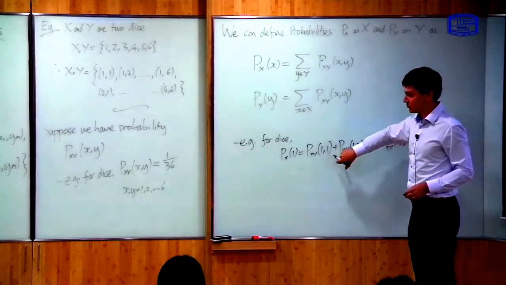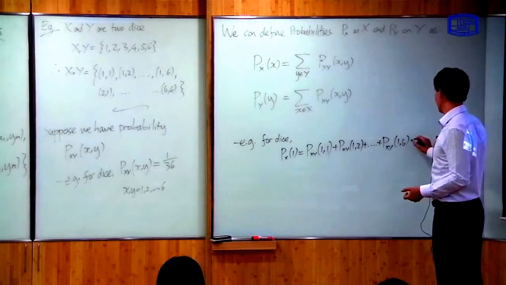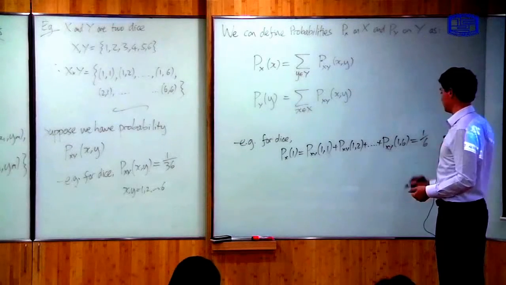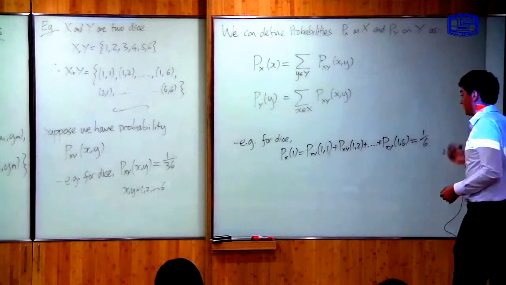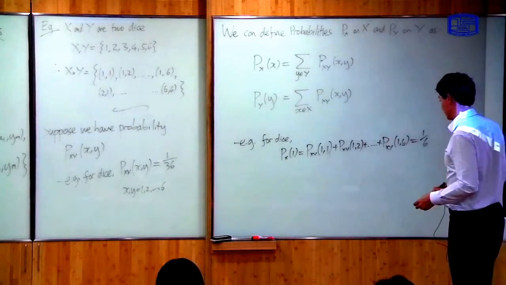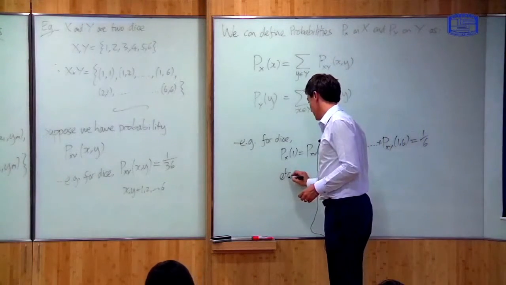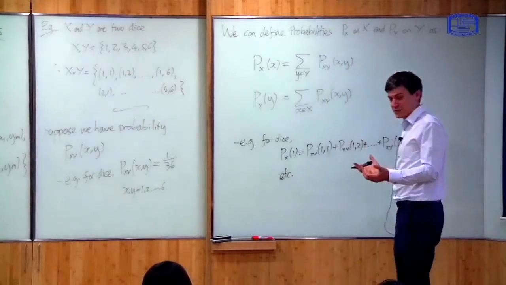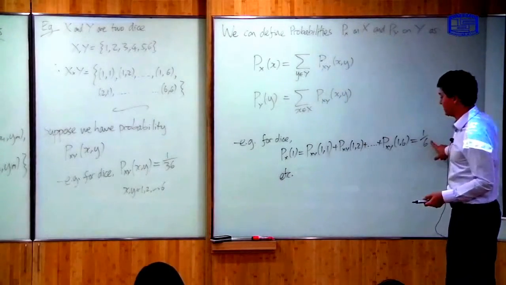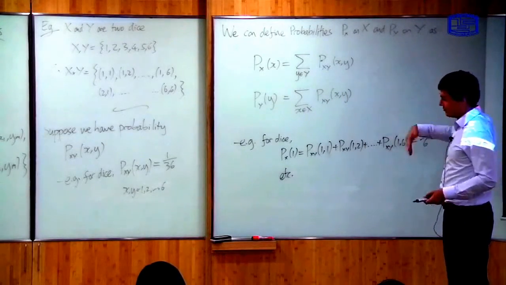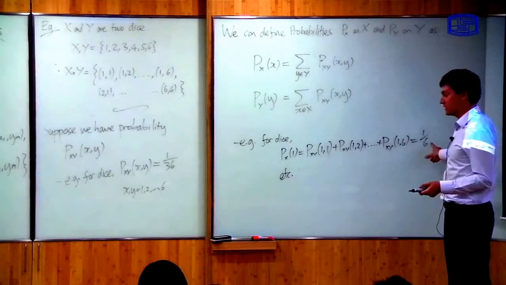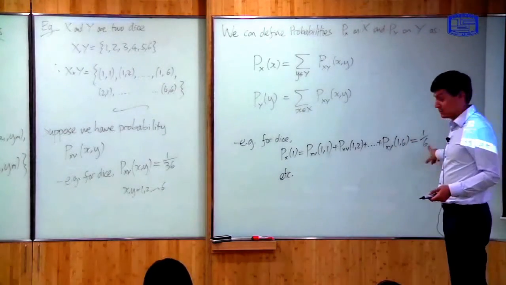And all of these are equal to 1 over 36 by definition, so this is equal to 1 over 6. And so on. So for the dice, it's as you expect. The probability of getting any result on the first dice is a sixth, and the probability of getting any result on the second dice is also a sixth.